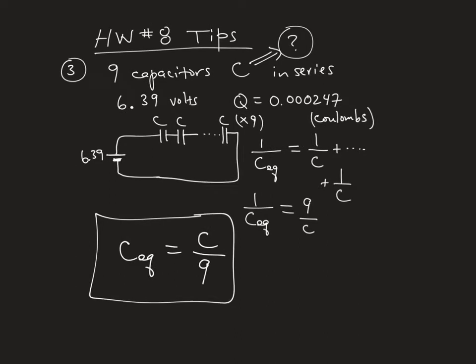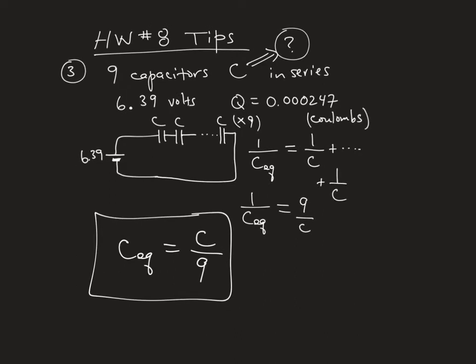Okay, so next, is there any other way that I could express the equivalent capacitance? And it turns out that you can, because the problem gives us the charge, the amount of charge that's on one of these plates.